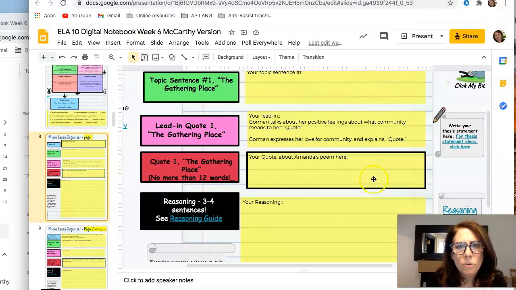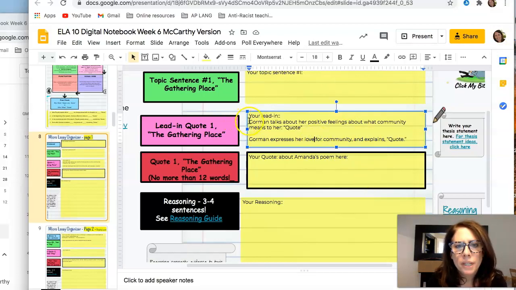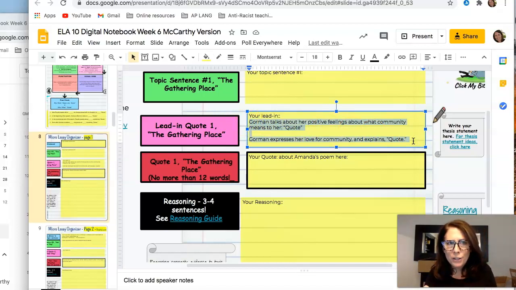If you want to pause to make sure that you look over what I've done for the two lead-in statements, one with a colon, one with an "and" strong signal verb, comma, and then quote, make sure that you have one of these for Amanda's poem.